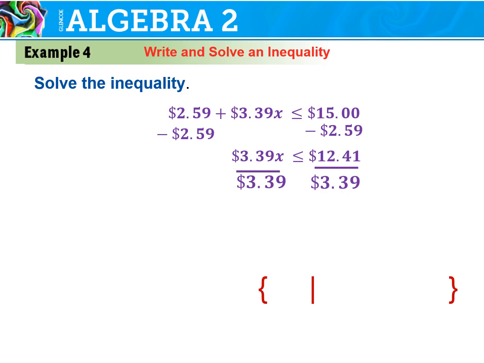We'll get X alone. We did not divide by a negative, so we don't have to switch our inequality sign. And X is less than or equal to 3.7 gallons. So in our set builder notation, it's a set of all values X such that X is less than or equal to 3.7.